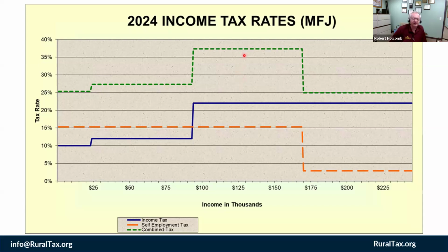And say a person was coming up with a number up here in the middle of the big green hump. That's the highest rate you're going to have on this chart, because we've got probably a 37% tax rate, which is going to include regular tax and self-employment tax.